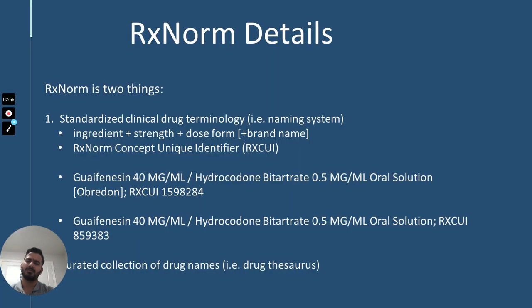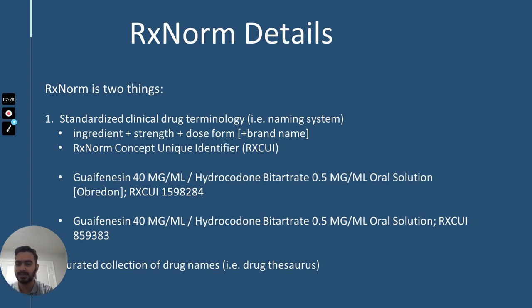So what is RxNorm? RxNorm is basically two things. One, a standardized clinical drug terminology in which an ingredient, strength, and dose form are there with a brand name and an RxNorm concept unique identifier. Like in the two examples below, guaifenesin 40 mg per ml has the brand name Obradon with RxCUI number 1598284.